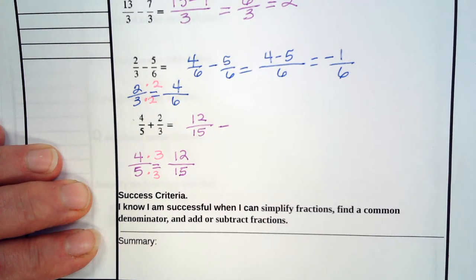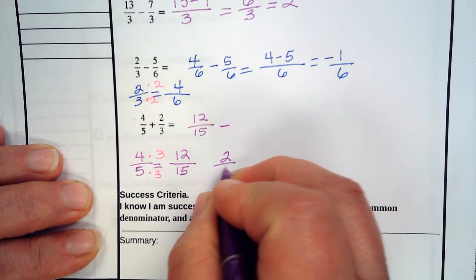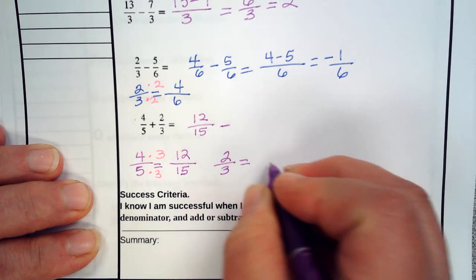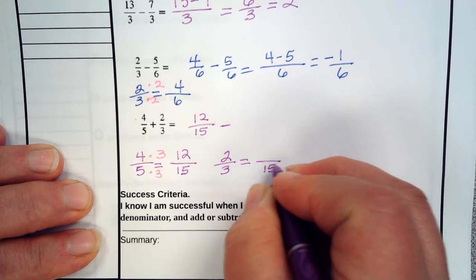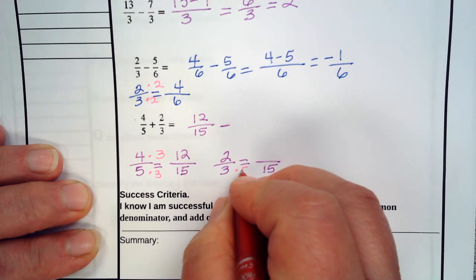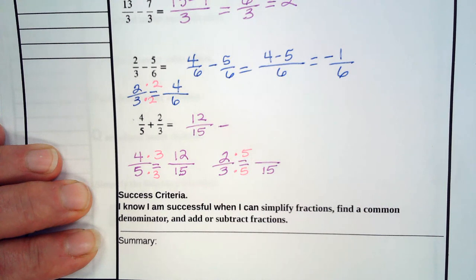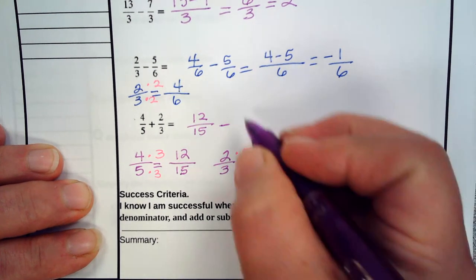I've got to do the same thing with 2 over 3. Once again, I'm going into 15. 3 times what gives me 15? 3 times 5. So 2 times 5 I've got to do also, and that gives me 10 over 15.